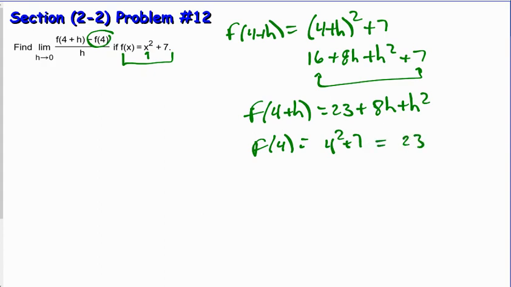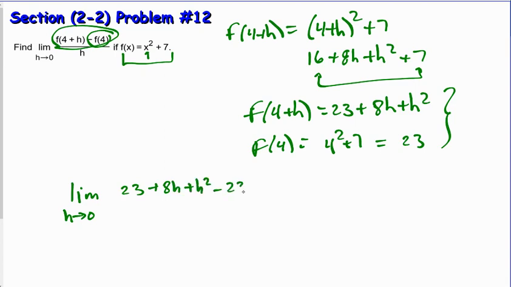So if we go back to our limit as h approaches 0, we're going to replace f of 4 plus h minus f of 4 with our algebra that we've simplified here. And we see we get 23 plus 8h plus h squared minus 23, all over h. And we see the 23s will cancel out.